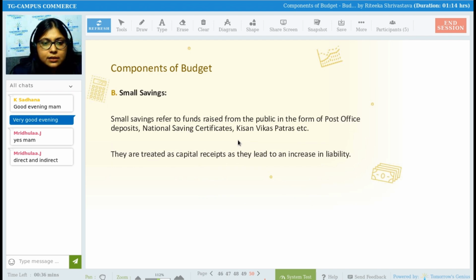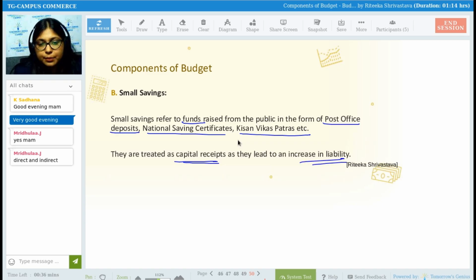So, disinvestments. Next is small savings. Small savings refer to funds raised from the public in the form of post office deposits, National Savings Certificates, Kisan Vikas Patras, etc. These are also treated as capital receipts, as they lead to an increase in liability.